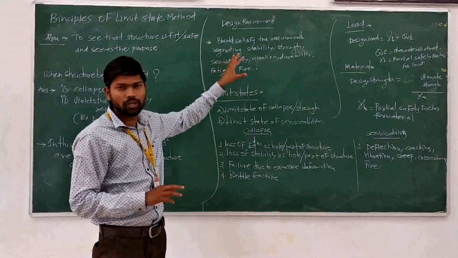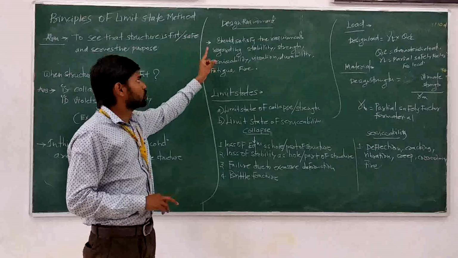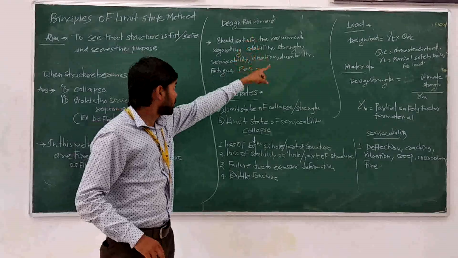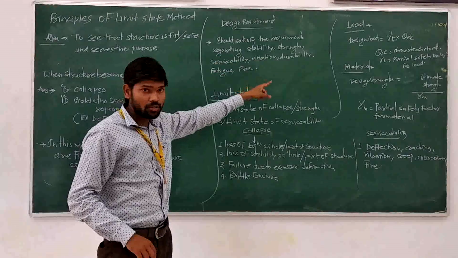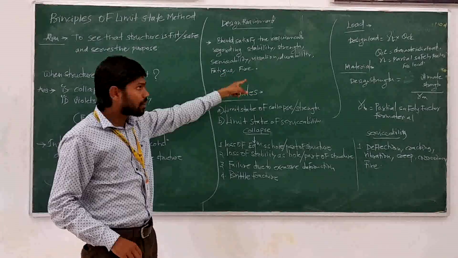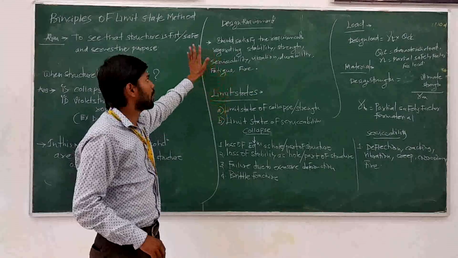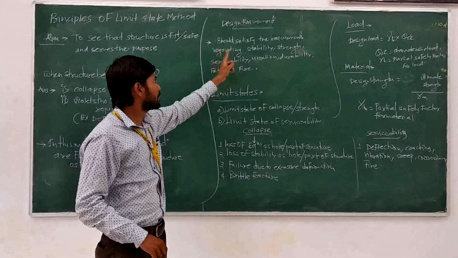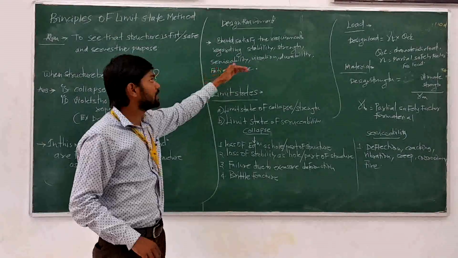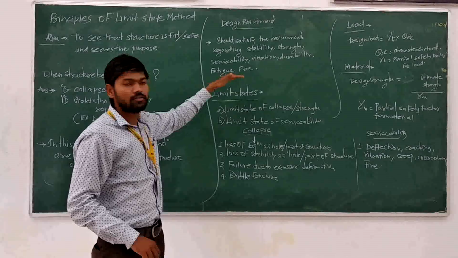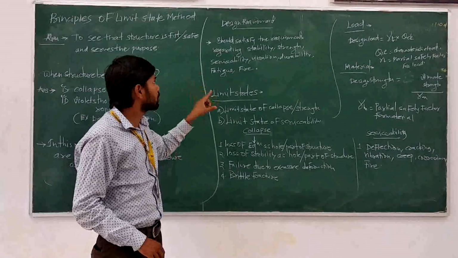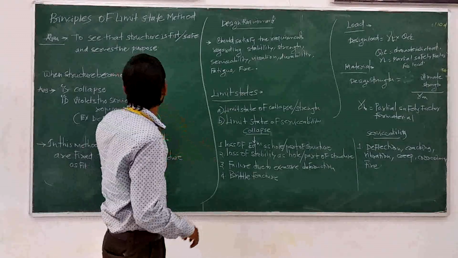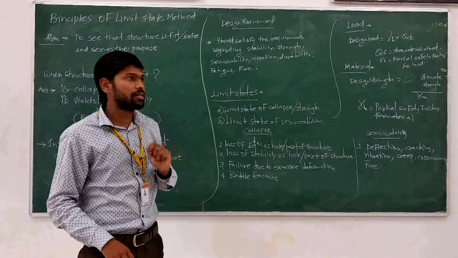I have mentioned the design requirement in a single sentence: the structure should satisfy the requirements regarding stability, strength, serviceability, vibration, durability, fatigue, fire, corrosion, etc. These requirements have to be satisfied by any structure when you are going to design it by the limit state method. So this is the primary requirement of the design.